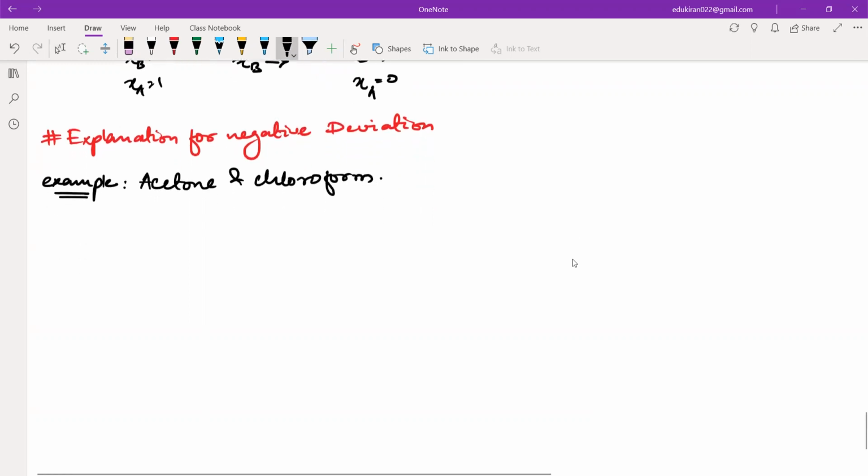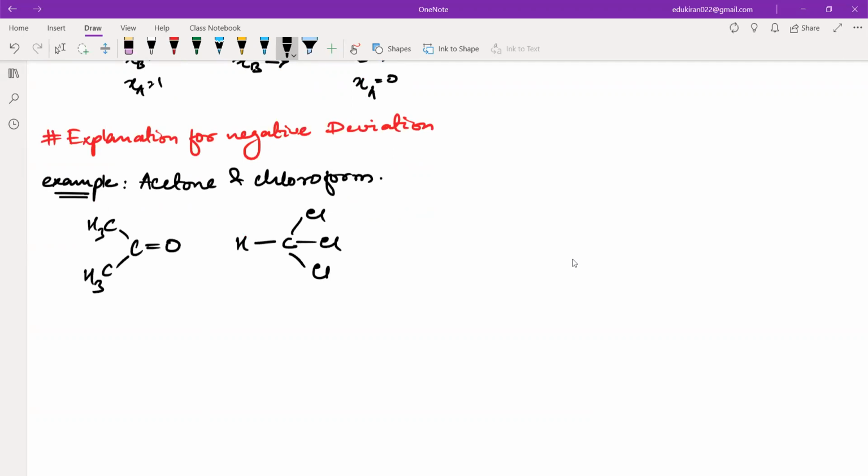The structure is important. So acetone is a carbon with a double bond to oxygen and two CH3 groups. And there is a hydrogen connected to the carbon in chloroform. This carbon is further connected to 3 chlorine atoms. This is the structure for chloroform.